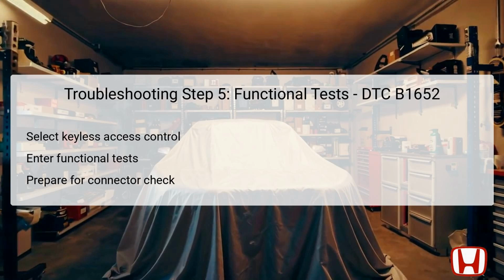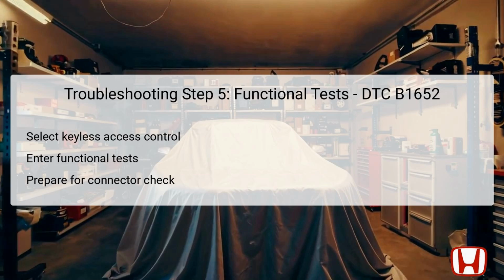This phase involves systematic checks of the system's functionality, ensuring various components operate within the manufacturer's specifications. Function tests are essential for validating that all aspects of the keyless entry system, including antenna outputs, are indeed functioning correctly.